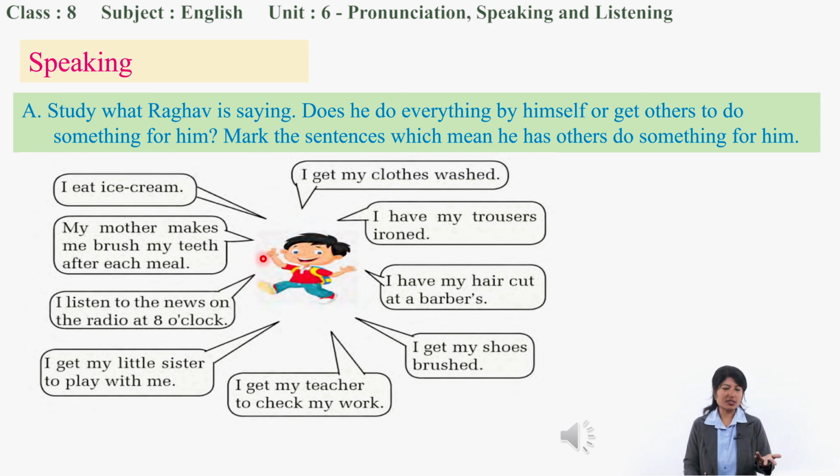So it means he brushes himself. Next, I listen to the news on the radio at 8 o'clock. Does he do it himself or does he get others to do? Himself, right? He listened to the news on the radio himself. Next, I get my little sister to play with me. Okay, so here he gets his little sister to play.